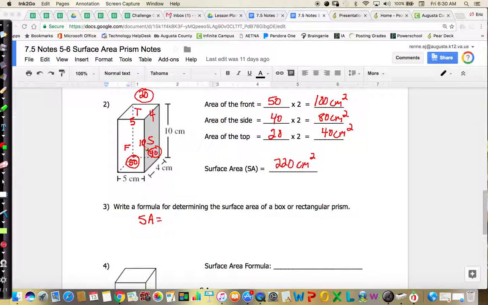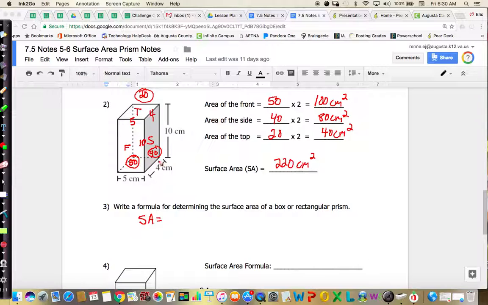So what the formula does is take a look at the top, the front, and the side, just like we did here. Break it down. But it breaks it down in a little bit different order. Okay? So the formula says 2 times length times width. Well, the length here is here.